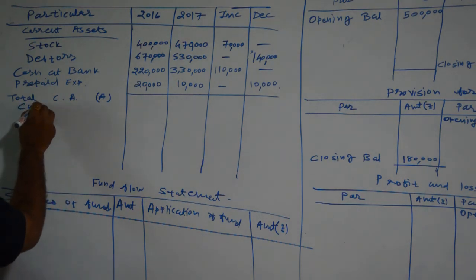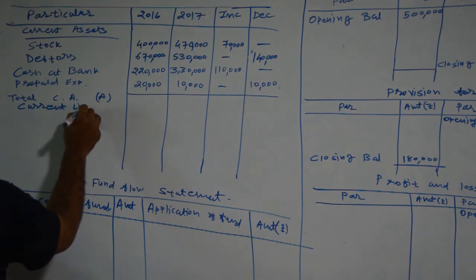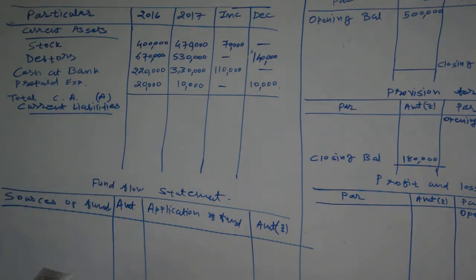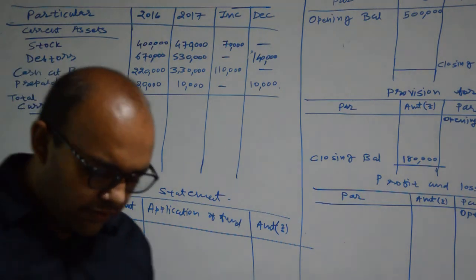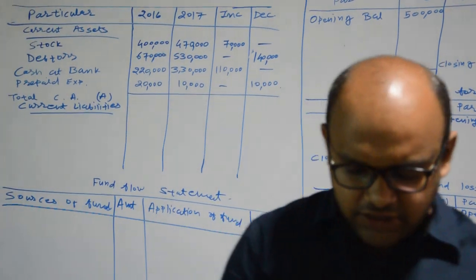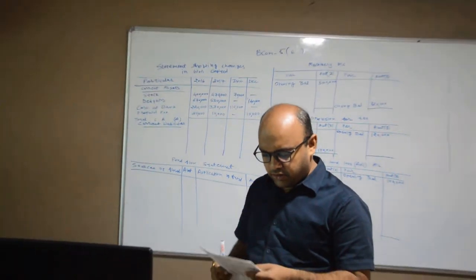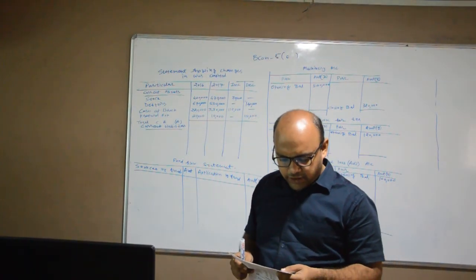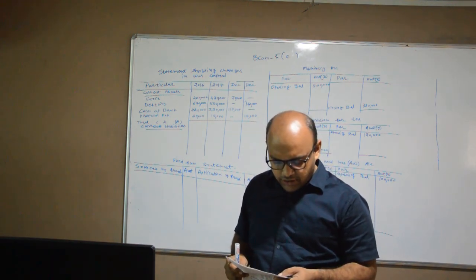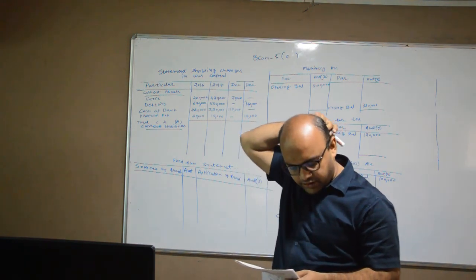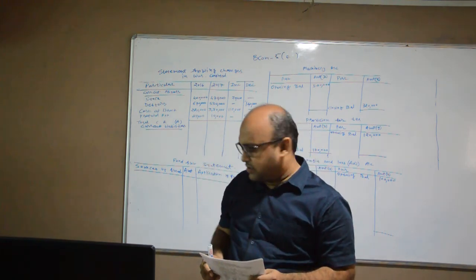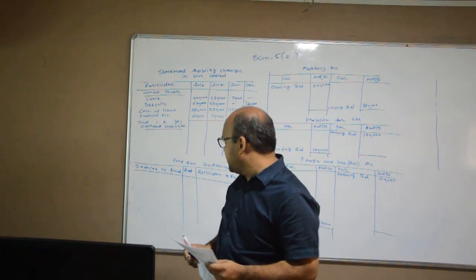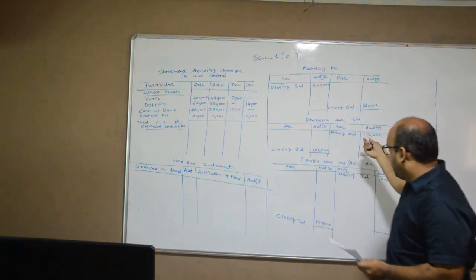Then after, current liabilities. First of all we will have to analyze the liability side of the balance sheet. Share capital is not a current liability. Debentures, profit and loss account, general reserve are not current liabilities. Creditors will be considered as current liabilities, and for provision for taxation we have prepared a separate ledger.